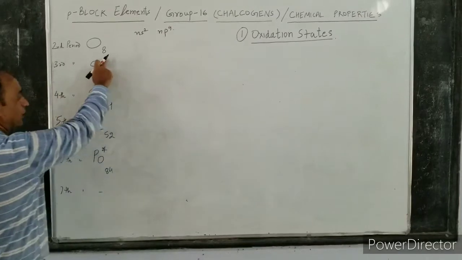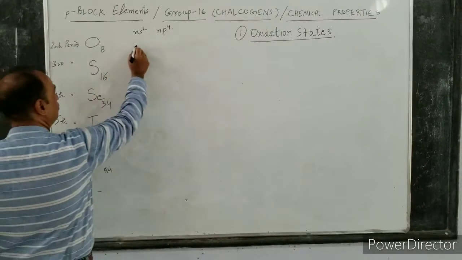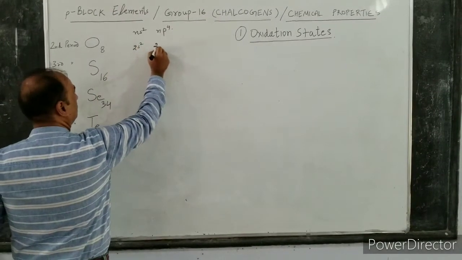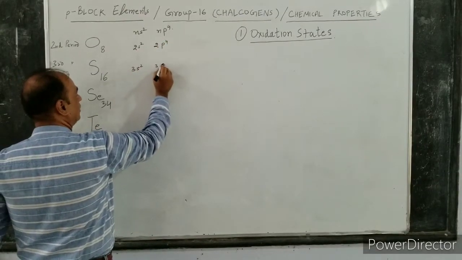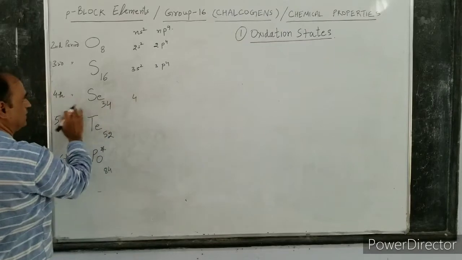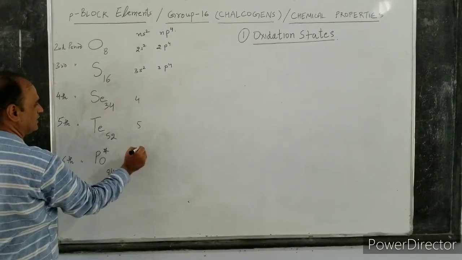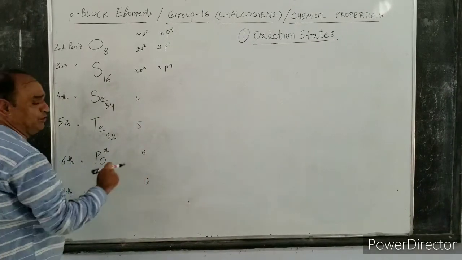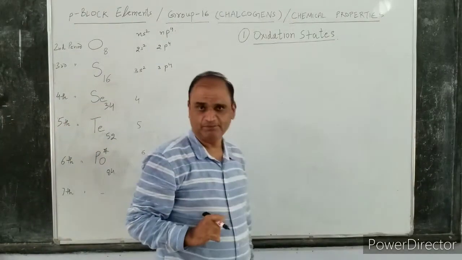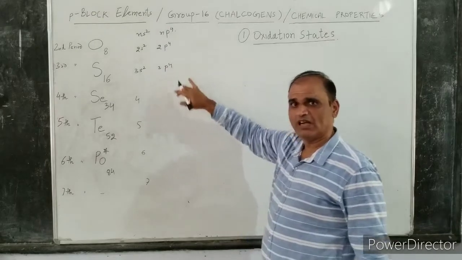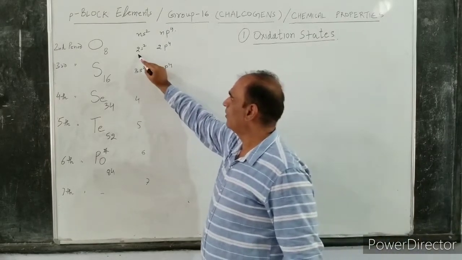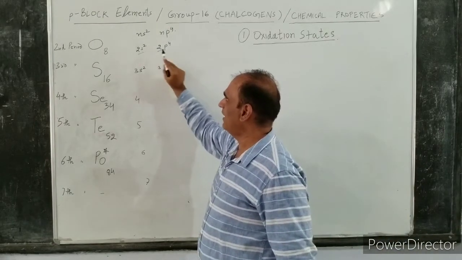Like oxygen, atomic number 8, it is having 2s2, 2p4. Sulfur is having 3s2, 3p4. Similarly, it is in fourth, 5th, 6th, and 7th period, so 4s2, 4p4, up to 7s2, 7p4. You know that. But one thing in which oxygen is different from the others: in the second orbit you have s subshell and p subshell.